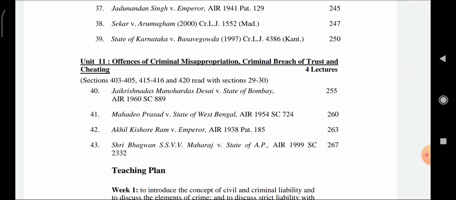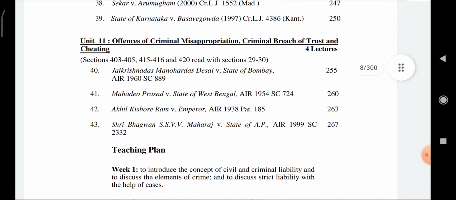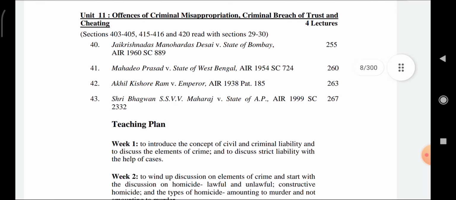Next, the cases related to this offense: Jai Krishna Manohar Das Desai versus State of Bombay, Mahadeo Prasad versus State of West Bengal, Akhil Kishore Ram versus Perar, Sri Bhagwan Samardha Sreepada Vallabha Venkata Vishwanandha Maharaj versus State of Andhra Pradesh.